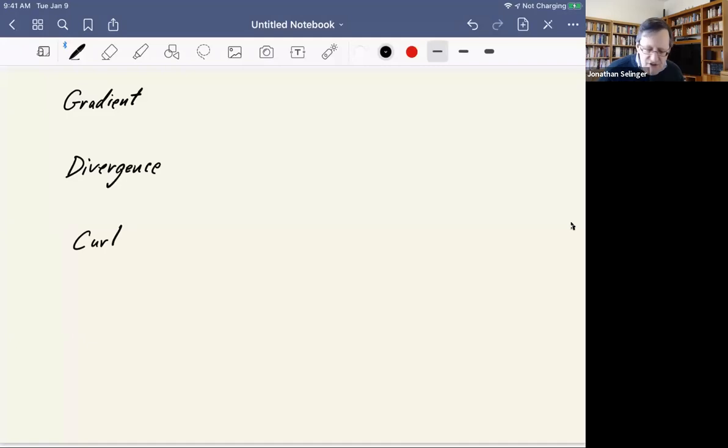You know that these things are all based on the gradient operator, right? And so there's an operator like this, which means d by dx in the x component, and d by dy in the y place, and d by dz in the z component.